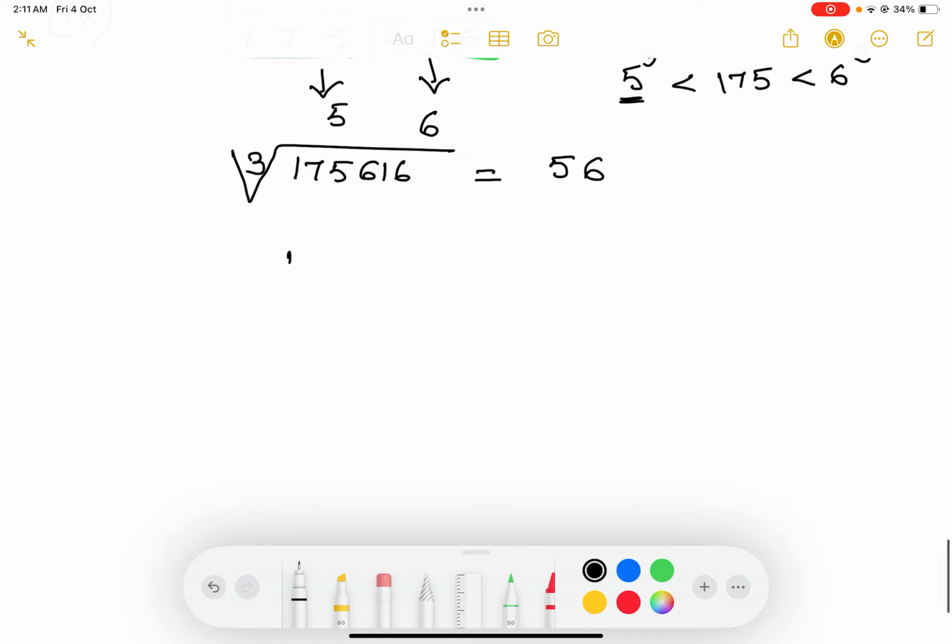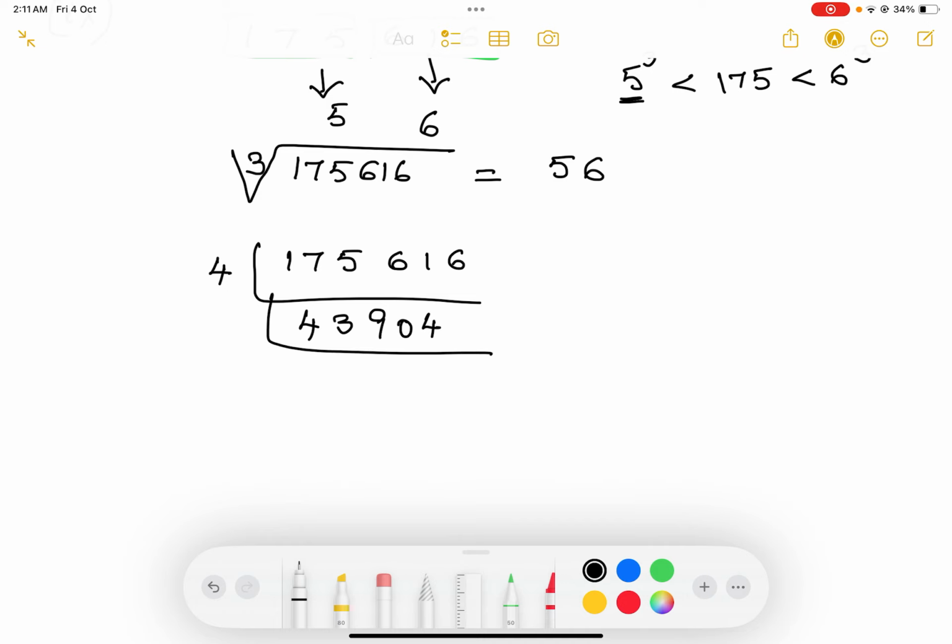By using the prime factorization method, let us see how it goes. Again, the last two digits are 16, so we divide by 4. 4 fours are 16, 4 threes are 12, 4 nines are 36, 4 fours are 16. Again 4 ones, and then 4 nines are 36, 4 sevens are 28, 4 sixes are 24.